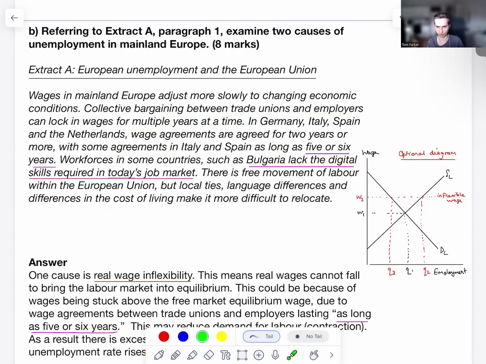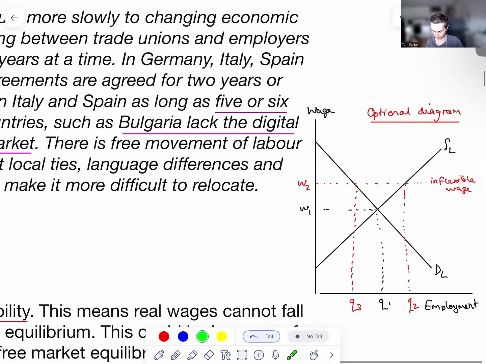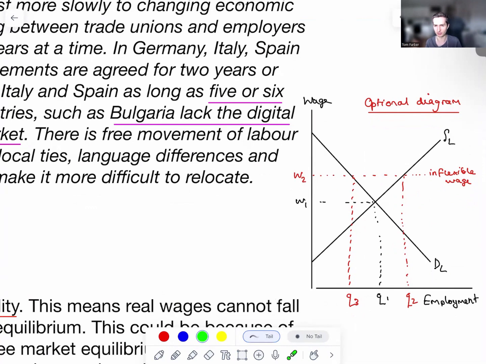Now, here's an optional diagram I'm going to zoom in on that you could use if you wanted. It is an 8-mark question, so you don't need a diagram unless it says explicitly in the question to add a diagram. So this would be like a minimum wage diagram, essentially, showing the labour market, the supply of labour and demand for labour.